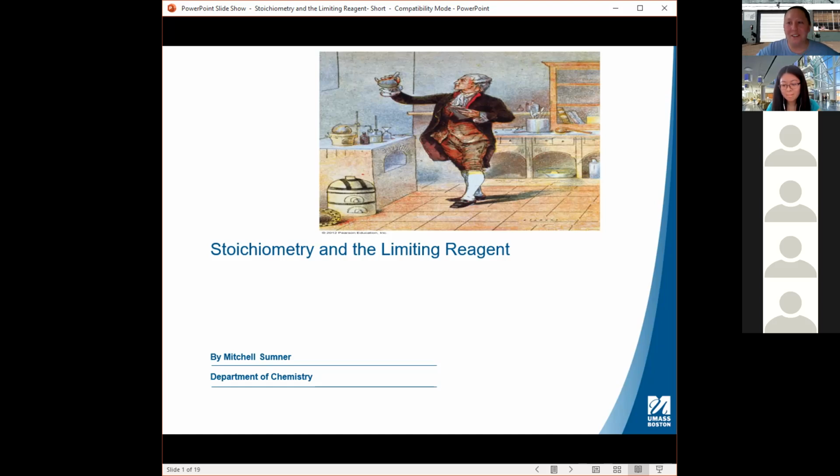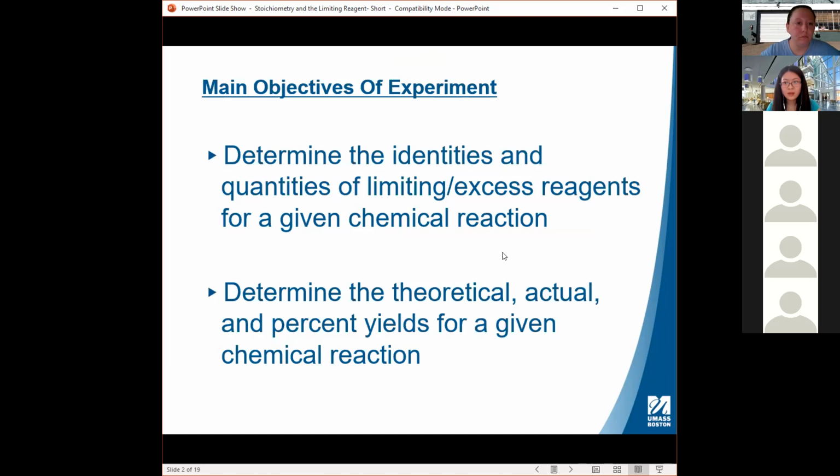All right, so let's get into stoichiometry and the limiting reagent. The main objective of today's experiment is to determine the identities and quantities of limiting and excess reagents for a given chemical reaction.